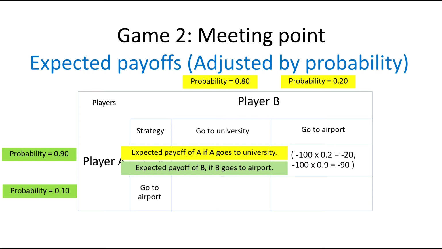And if B goes to the airport but A goes to the university, B will lose minus 100 U-turns, but with the probability of 90%. So B can expect that he or she will lose 90 U-turns.